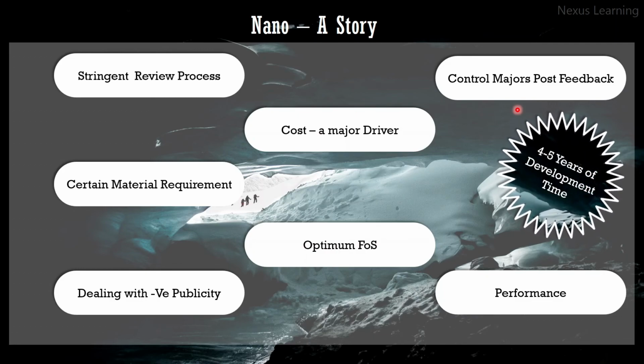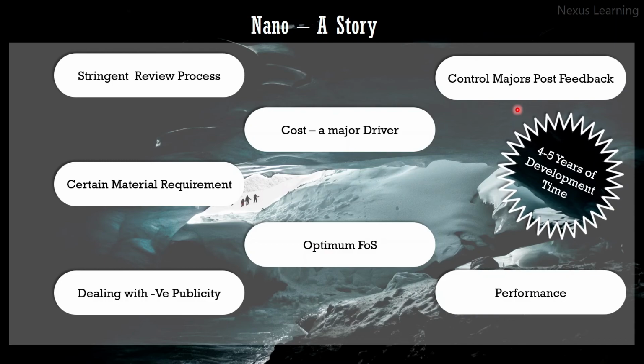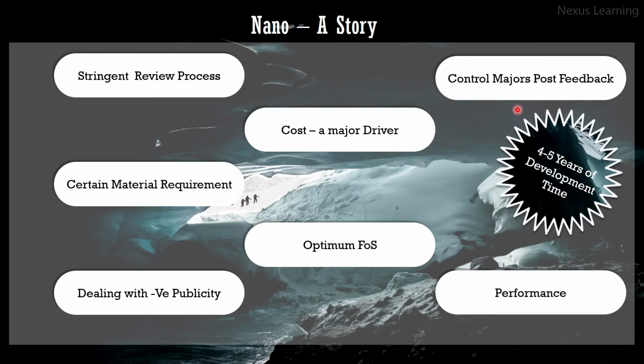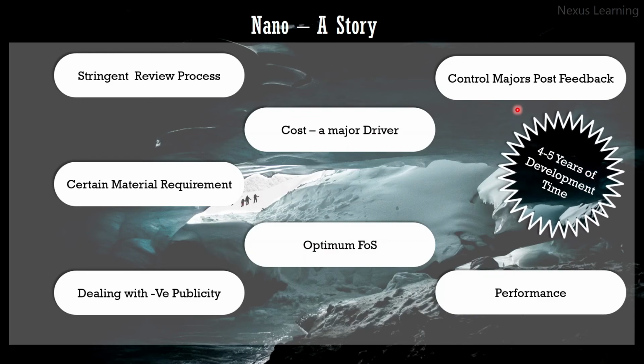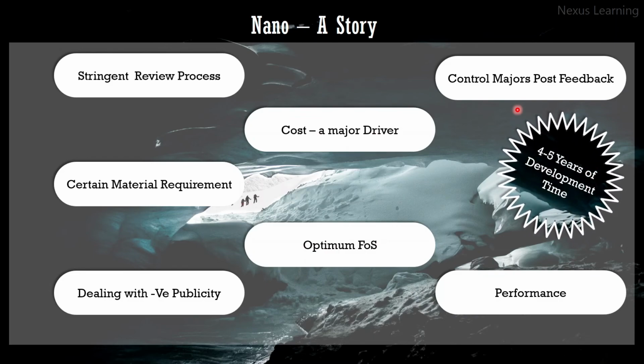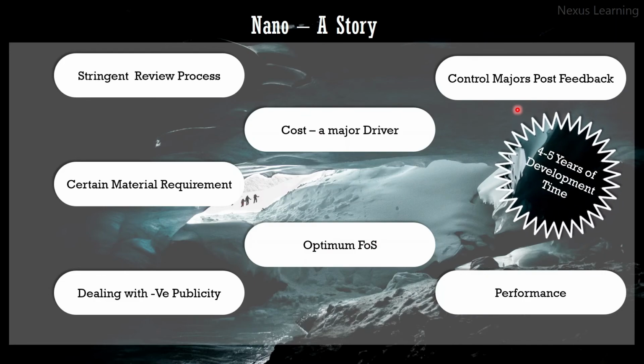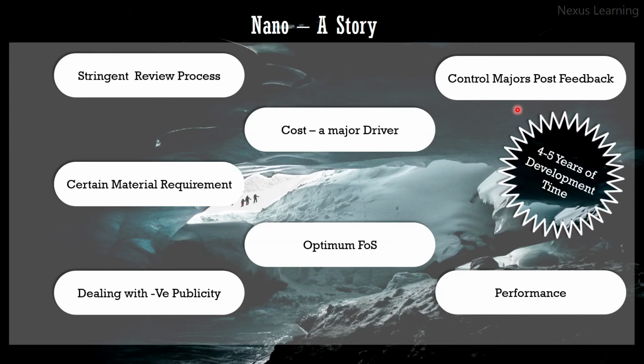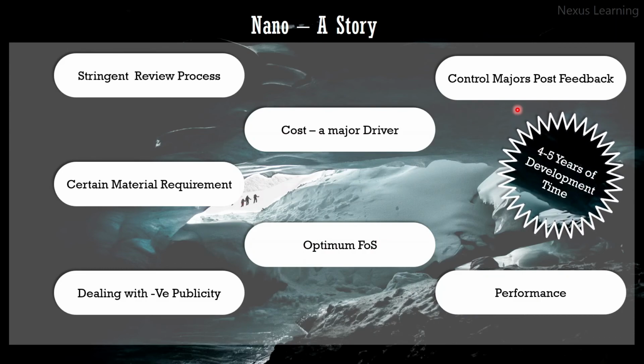Cost was a major driver. Whatever they were putting into the car, they were looking at whether they could get it locally, or whether the cost of the material was very low, because each thing adds up and it becomes a huge cost at the end. And an optimum factor of safety was considered.